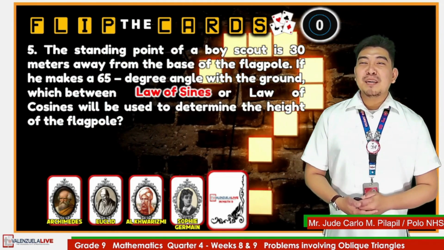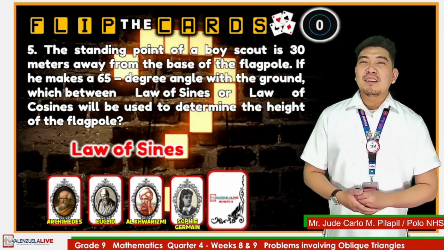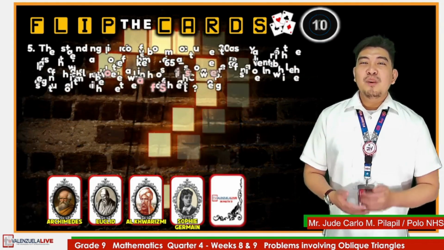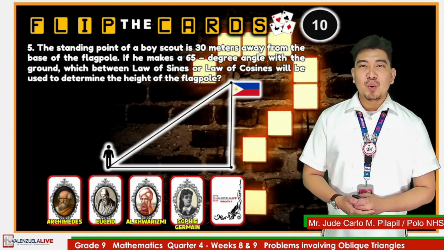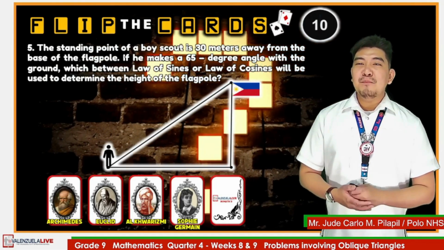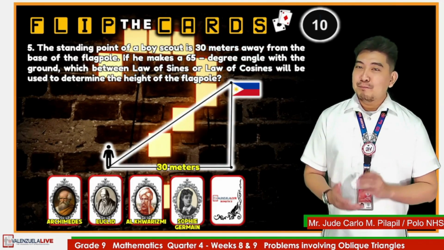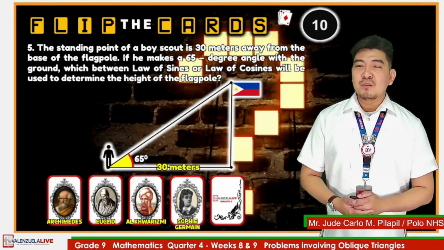This problem can be solved using law of sines. You did very well in our previous lessons. To show the illustration, we are given two objects, the Boy Scout and the flagpole. The Boy Scout's standing point is 30 meters away from the base of the flagpole. It makes a 65-degree angle with the ground.